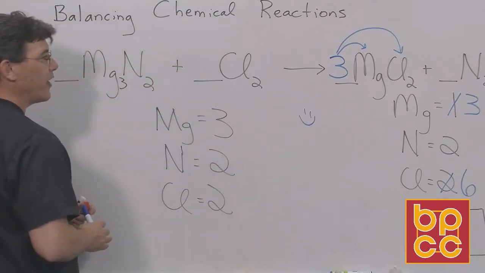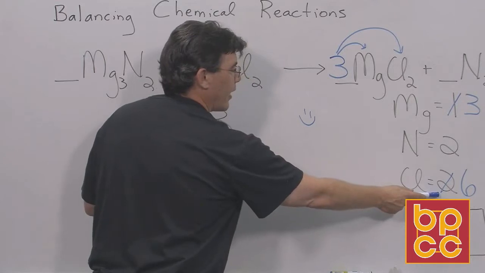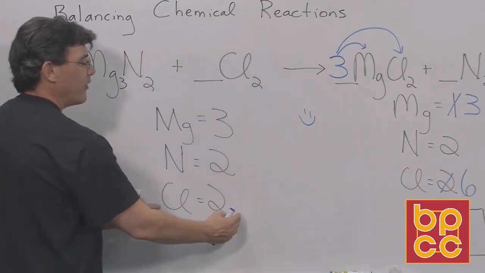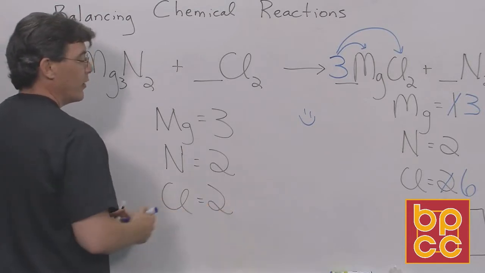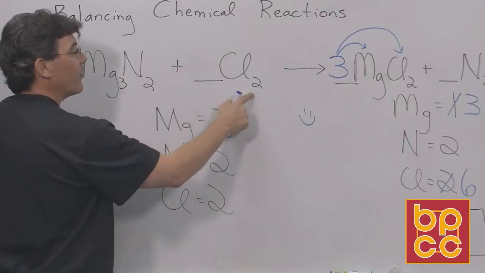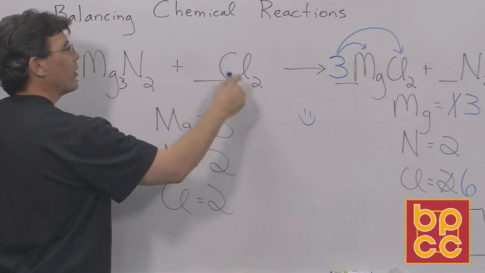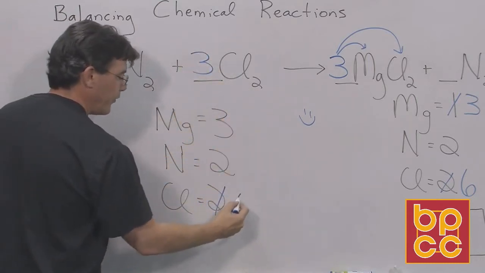They may or may not stay that way. Now we've got 6 chlorines over on this side and only 2 on this side, so that needs a little bit of work. This is the side with fewer, so this is the side we really want to try to boost up. And since chlorine is all by itself here, kind of with a partner, 2 Cls, 2 chlorines, if we put a 3 here, gang, 3 times 2 gives us 6.